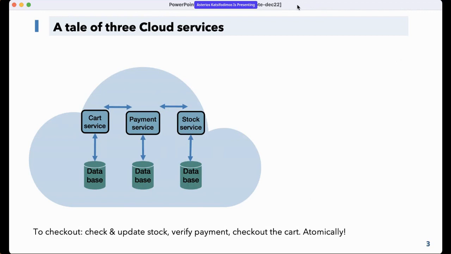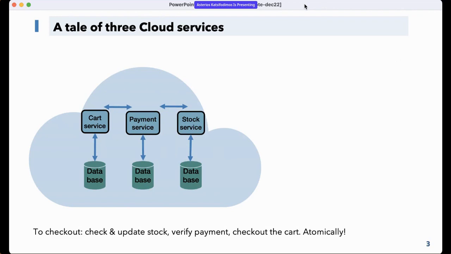And you should not get paid unless there was stock available and you decremented to reserve it for that specific user. So that, in classic database terminology, is called an atomic transaction. You will either do everything or nothing at all. You cannot be paid unless you check out the shopping cart. You cannot check out the shopping cart unless you have paid and you have updated all of your items.